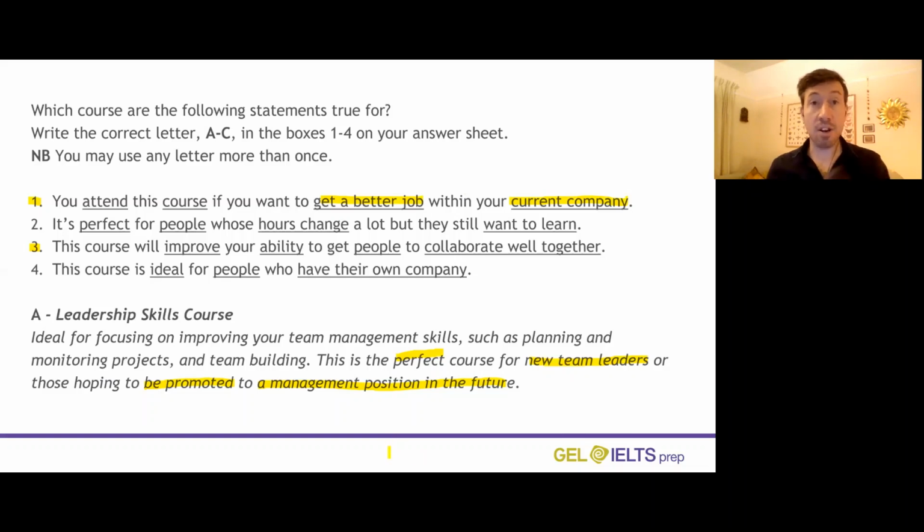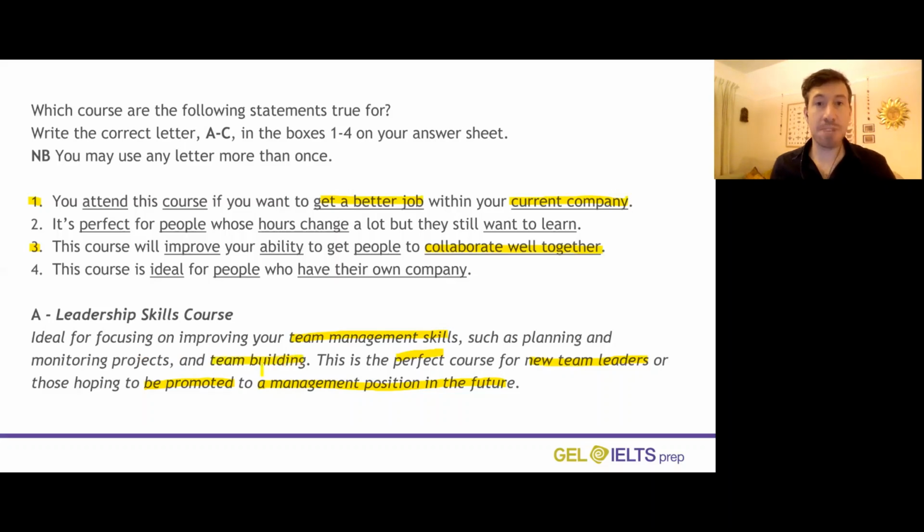But A is also the correct answer for 3. As we said, you can use the letter more than once. So let's have a look now at that. Well, it talks about it's perfect for people who, the course will improve your ability to get people to collaborate well together. And if we read this first sentence, it says, ideal for focusing on improving your team management skills, such as planning and monitoring projects and team building.